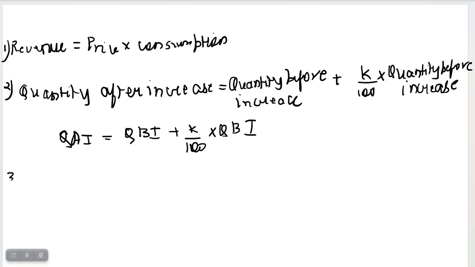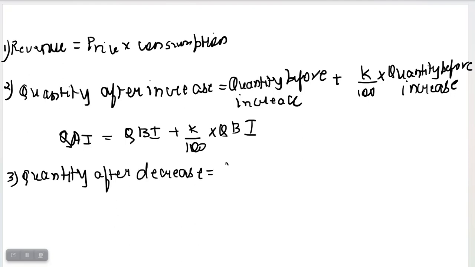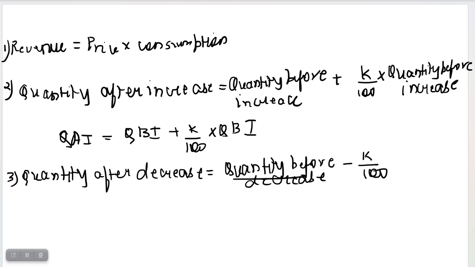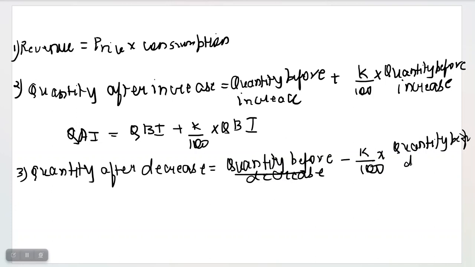Similarly, another formula, quantity after decrease is equal to quantity before decrease minus k by 100, because decrease is minus, so we take k by 100, quantity before decrease.